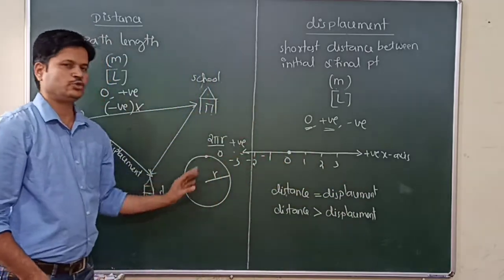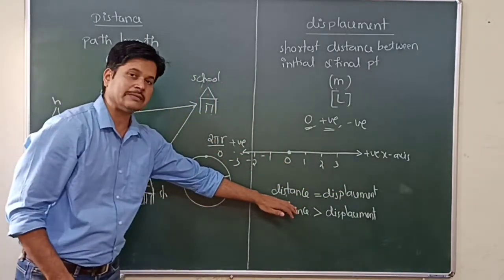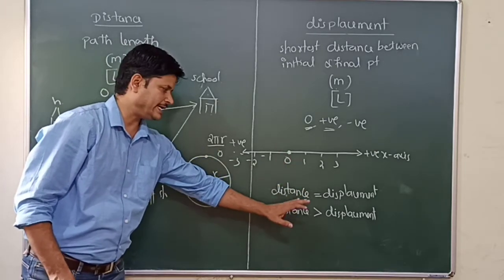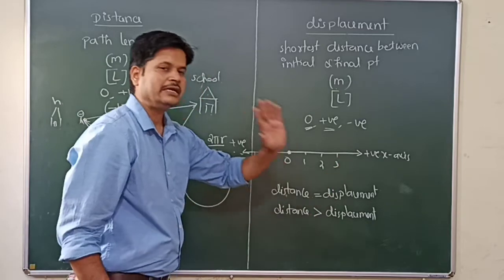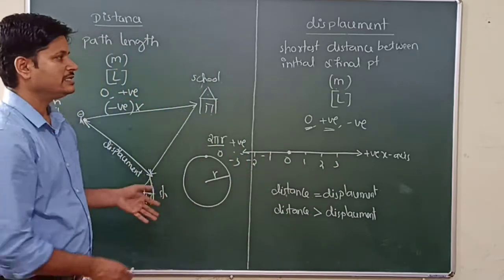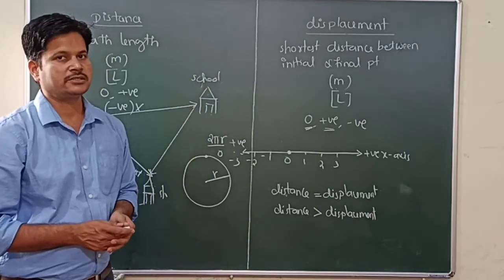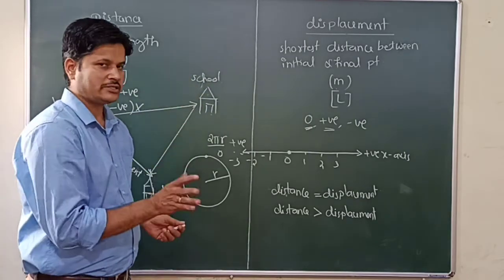By observing these two examples, we can understand the concept of how they are equal or how distance is greater than displacement, right? These are the differences between distance and displacement. Okay, note down all this.